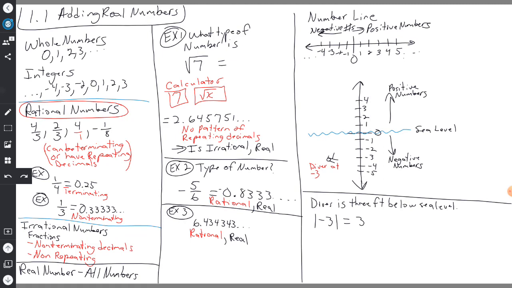Irrational numbers do not stop, and the decimals do not stop, but it cannot be repeating. And real numbers are all numbers. So all types of numbers are real numbers.